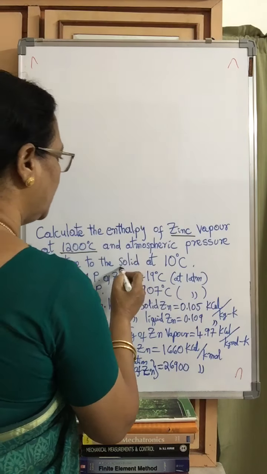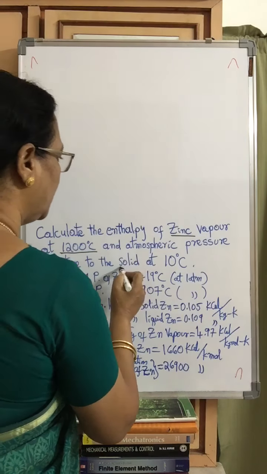So it will raise its temperature here. This is also solid zinc. This temperature is 10 degrees centigrade, and up to 419 degrees centigrade.